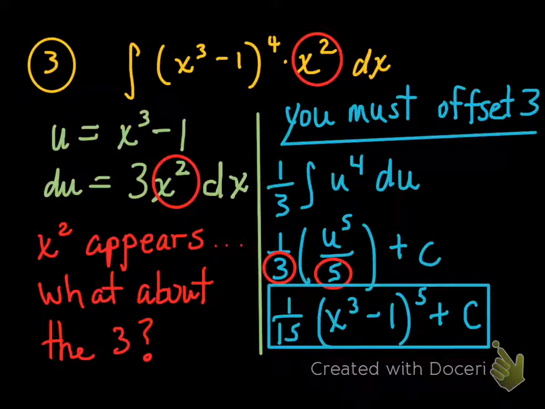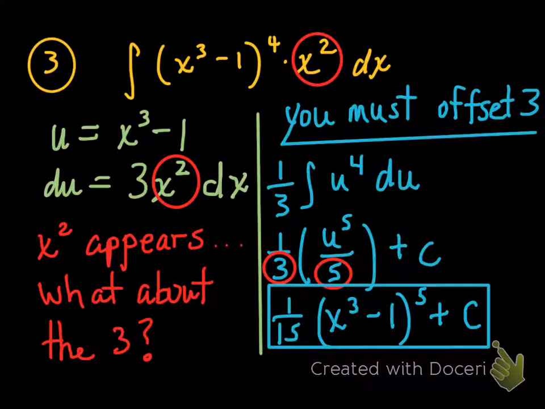Hopefully you can recognize here, and some of you that are strong with derivatives can actually see this with your mind's eye, that if you take that final answer inside that aqua rectangle and take its derivative, you should get the original integrand in the original problem. That's going to require the chain rule.